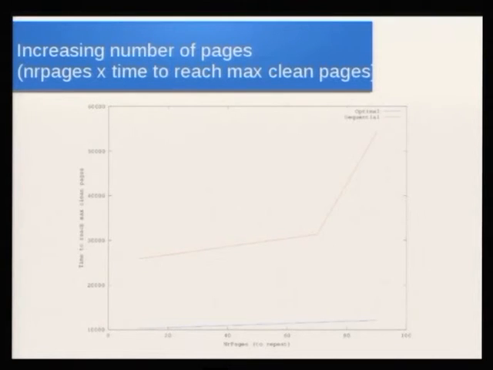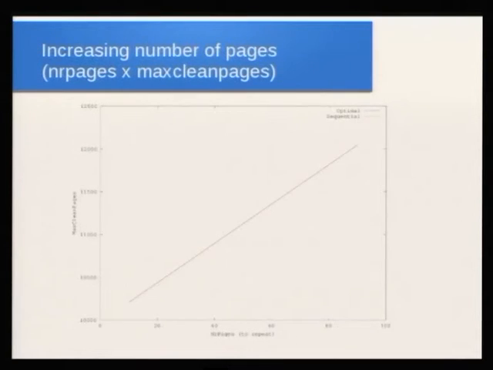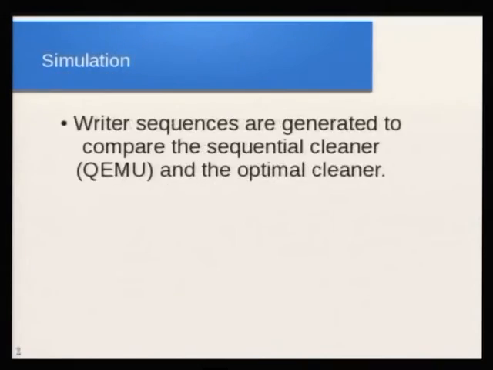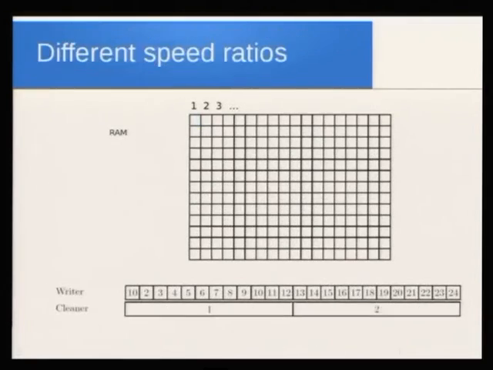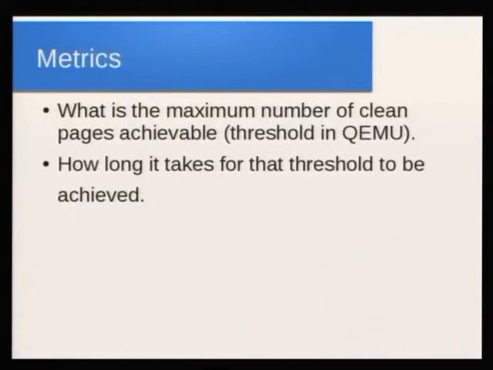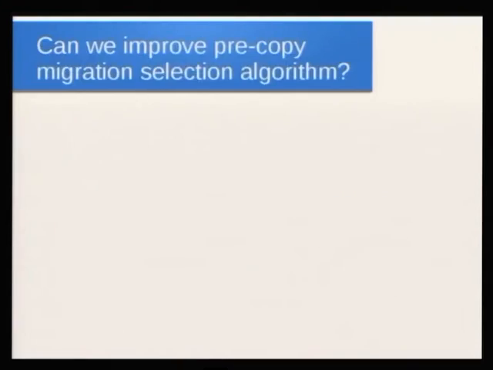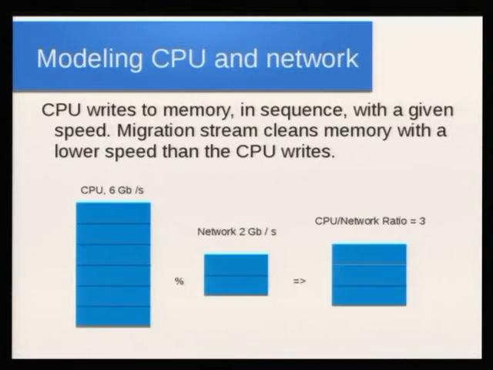So with throttling, I haven't tried it. What happens is that if you let the CPU write, you get like 50, or let's say 6 gigabytes per second.